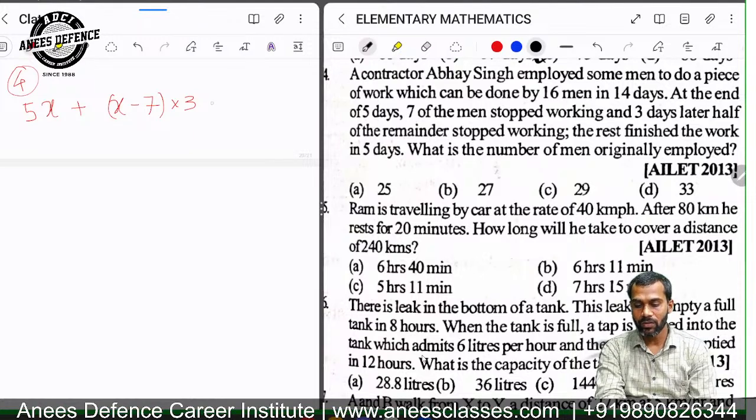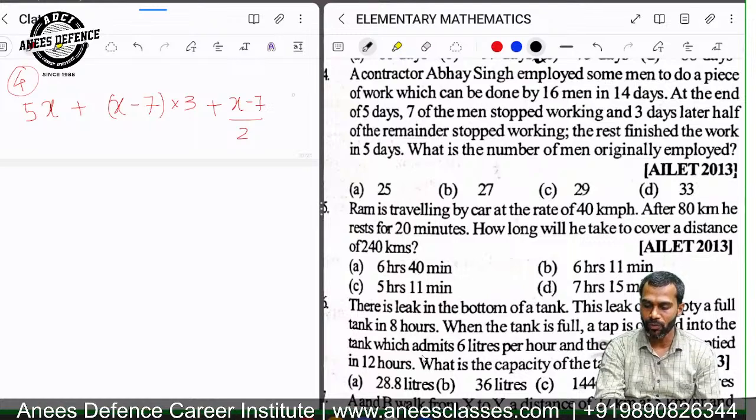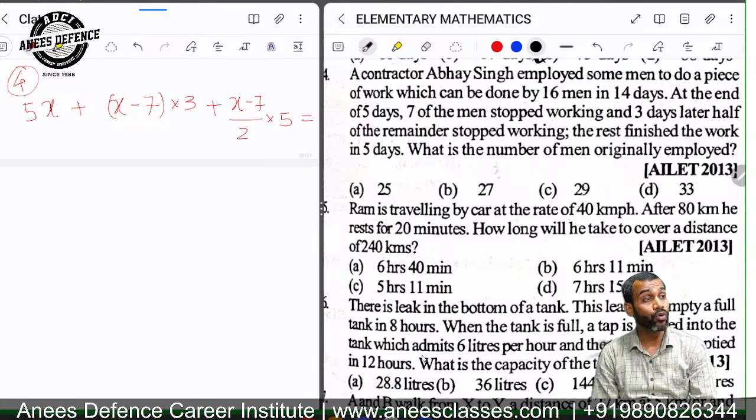So (X minus 7) by 2 are remaining because half of them left the work. The rest finished the work in 5 days, so we need to multiply it by 5, and that should be equal to the total work.